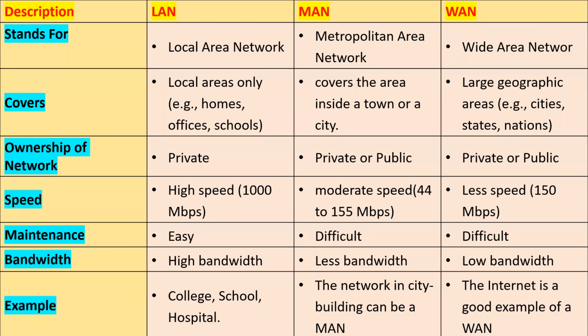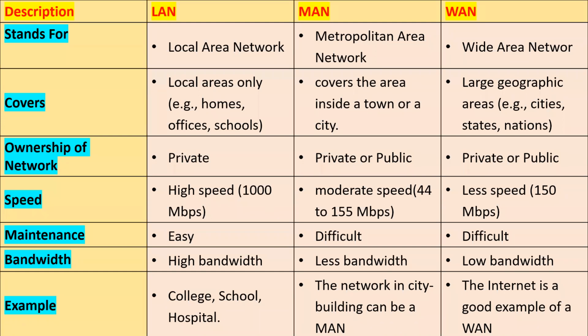Normally a local area network system is used by colleges, schools, or hospitals. A MAN system is normally used within a city, connecting 2 buildings or 2 or 3 branches. If you want to connect 2 or 3 branches, then a metropolitan system is used. For a wide area network, the internet is a good example. This is how you can compare each network system with the others.